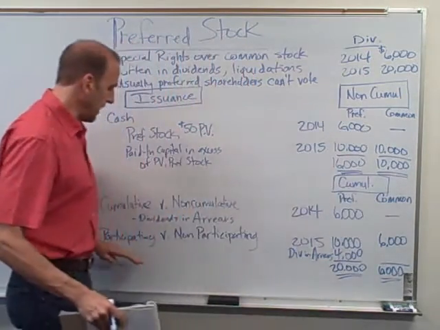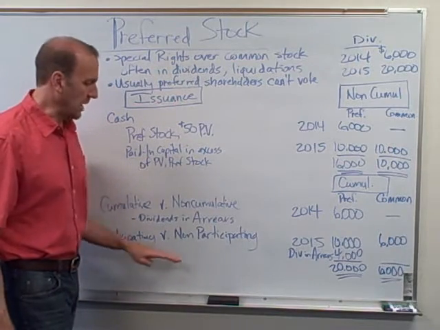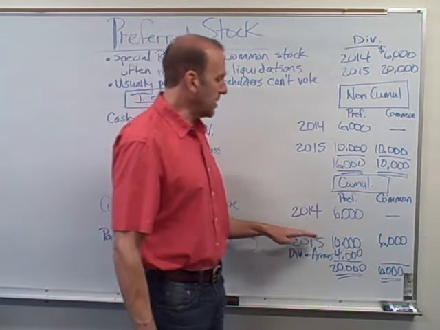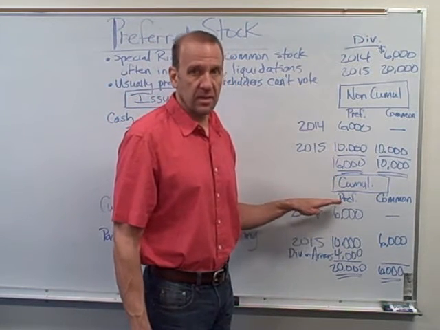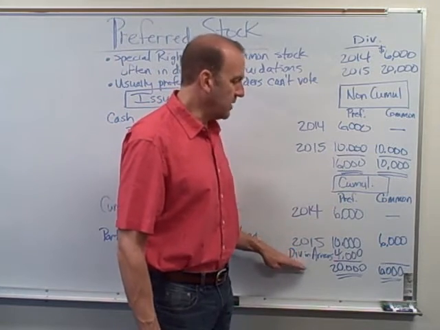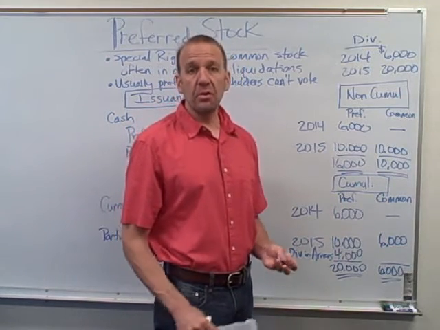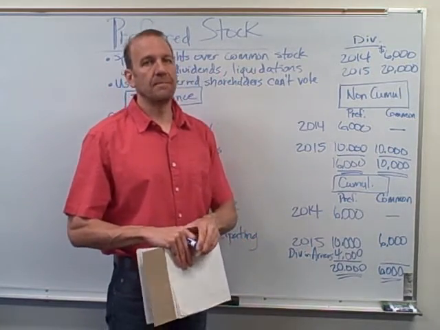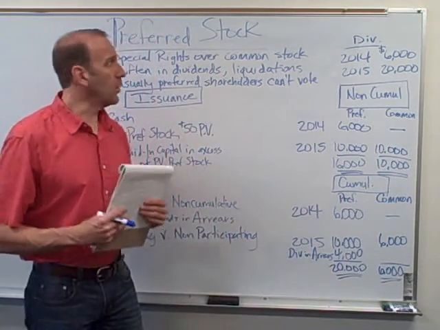That's not very common. Normally it's non-participating. Normally the preferred shareholders get their $10,000 in this example, and if they don't get the full $10,000, the remaining amount is dividends in arrears that they'll get in future years if dividends are paid. Hopefully that explains everything for you.